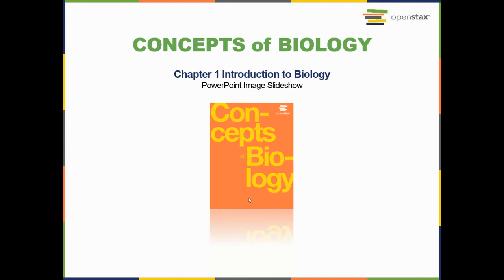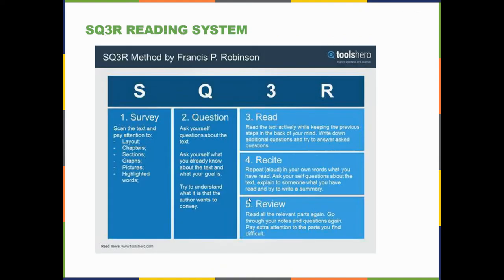So here's the book. This is the SQ3R reading system. So let's talk about that for just a second. SQ3R is a reading system. It asks you, before you start reading, to look at what you're getting ready to read. Survey the whole thing.